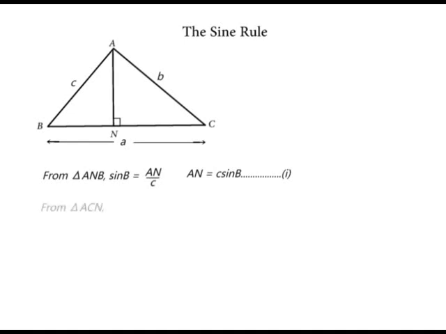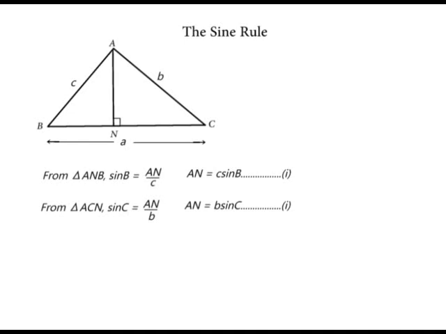Again, using the right angle triangle ACN, sine C is equal to AN over B. Cross multiplication, it means AN is equal to B sine C. Call that equation 2. Looking at the two equations, the left-hand sides are equal.